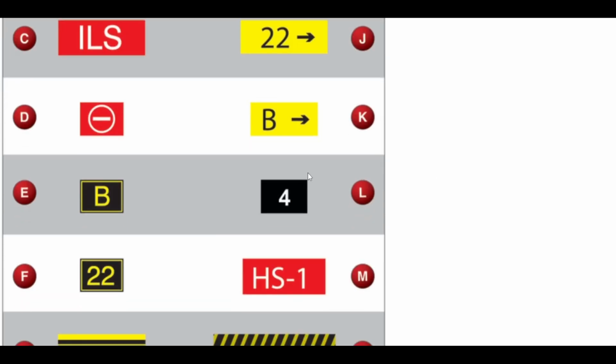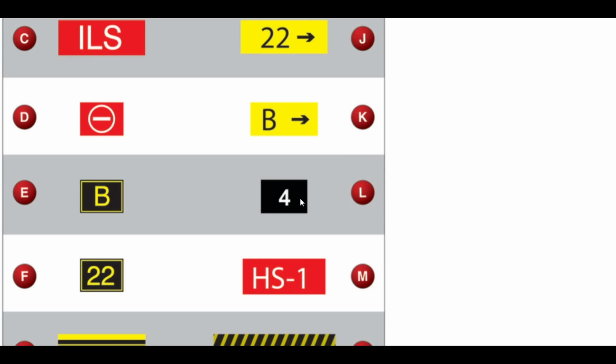L is how much of the runway you have left. So 4, that means you have 4,000 feet of the runway ahead of you. It shows the distance, mainly used for when you're landing. So when you're landing, you would see 5, 4, 3, 2, 1.